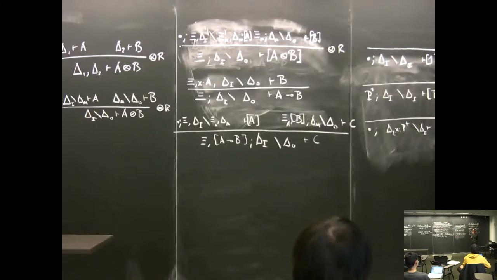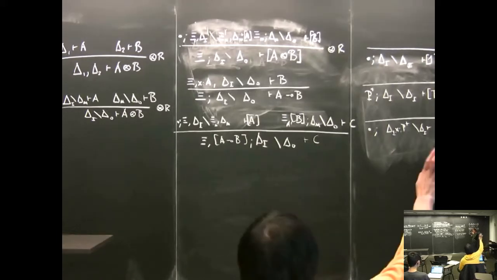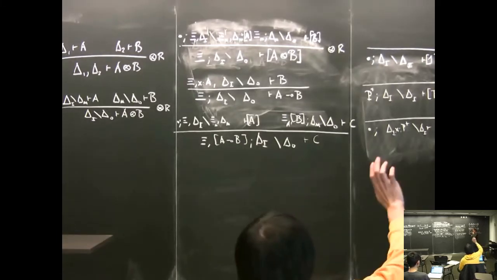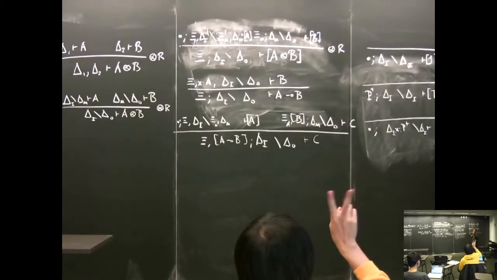Okay, so let me give you a hint. If we were doing forward chaining, this would be the right rule. What is negative? If A is negative, I guess we should switch over.